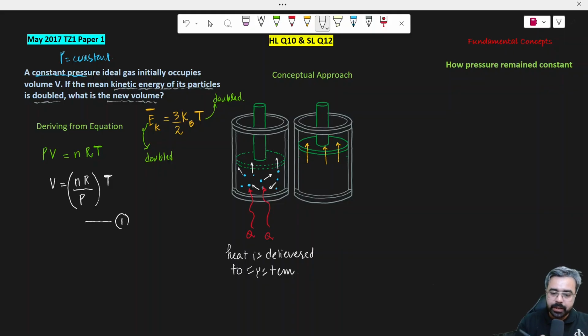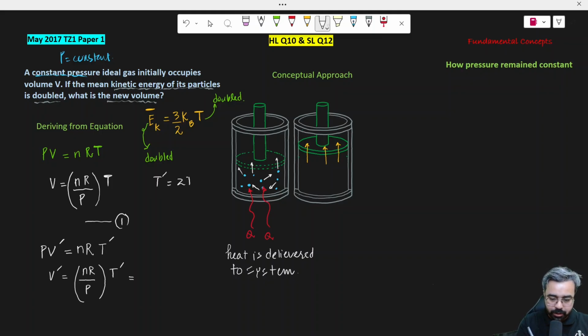After doubling the kinetic energy, I told you that the temperature will be doubled. The pressure is still the same. So the new volume V' is equal to nR over P into T', where n is a constant and R is the gas constant. You can put the value of T' here, which is 2T, because we have doubled the temperature.